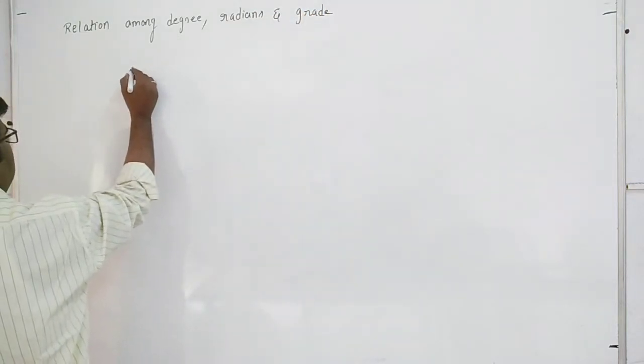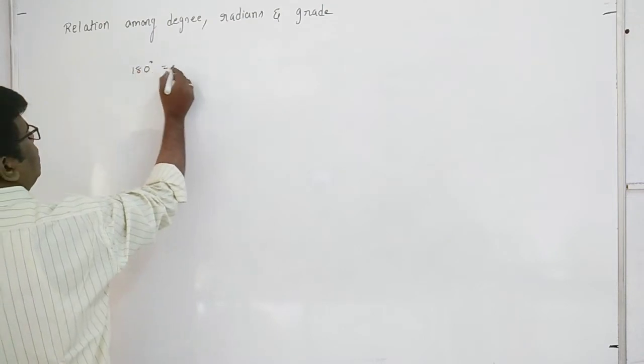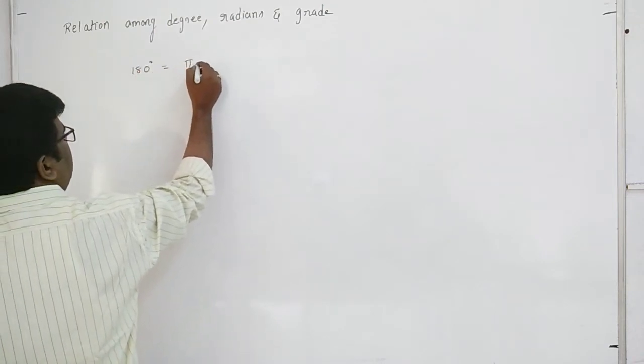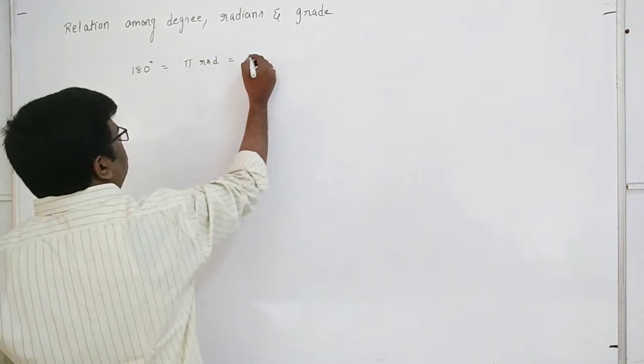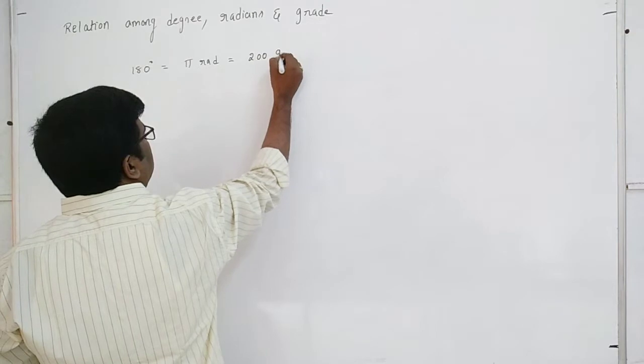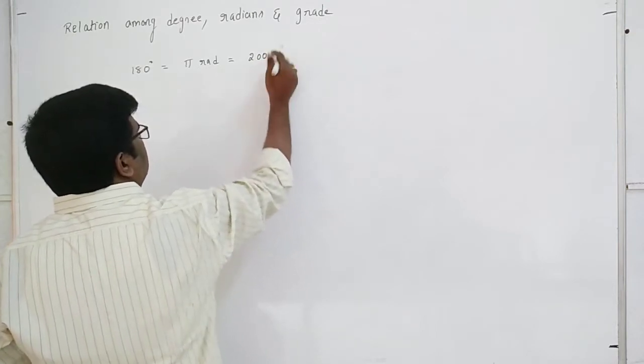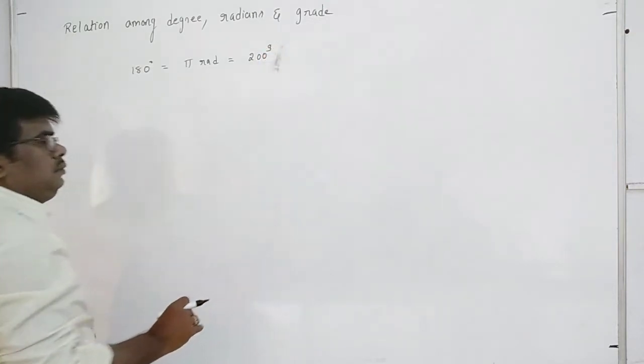So we discussed that 180 degrees is equal to pi radians, that is equivalent to 200 gradients. So this is the relation we have.